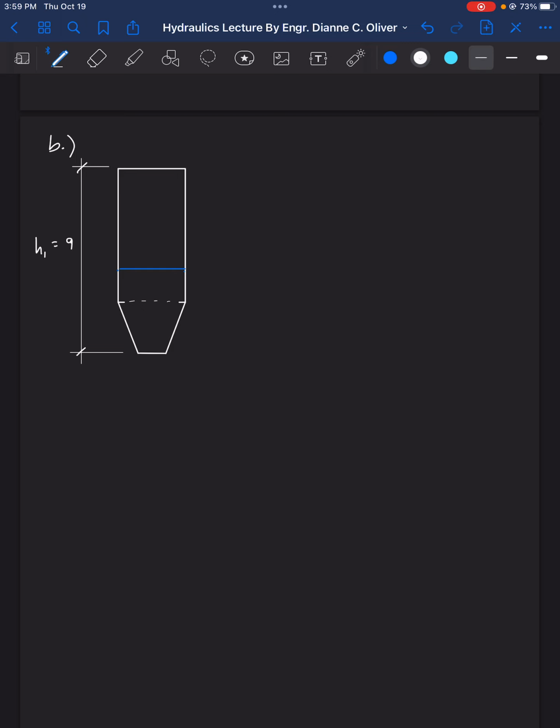Now, the question here is, what is the value for H2? So, this H2 here, question mark. So, we know that this part here is 4 meters.